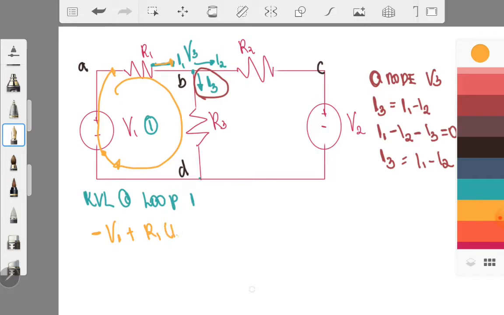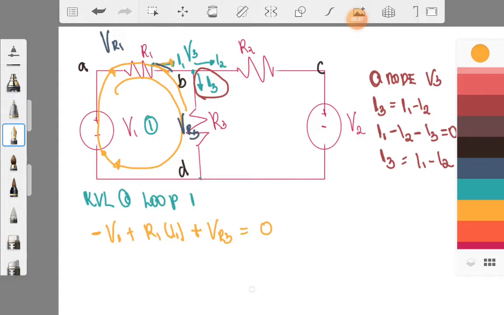This is Ohm's law: R1 multiplied by I1 is your V1 prime, or your VR1. So that you won't be confused, let us label it VR1. And then plus VR3, equals 0, because the summation of voltages in KVL is equal to 0.